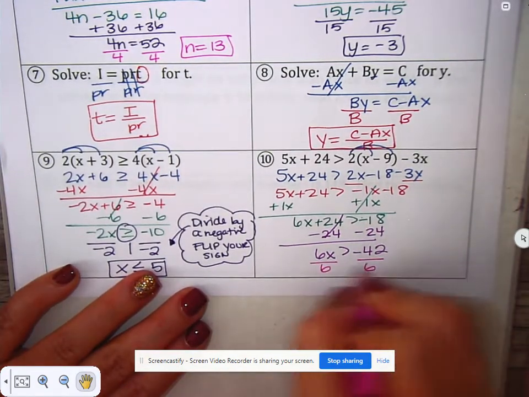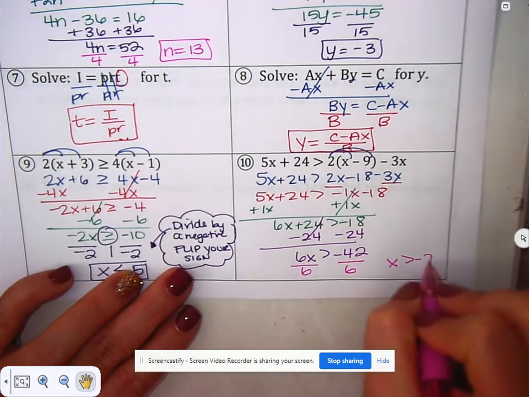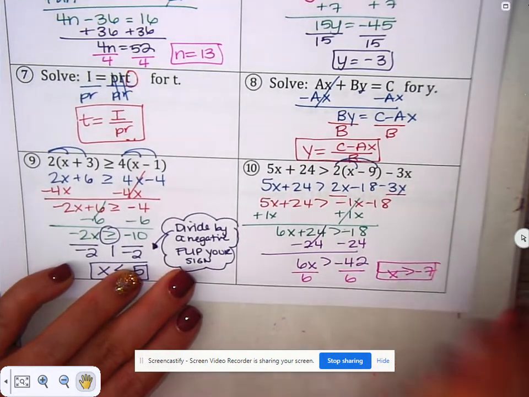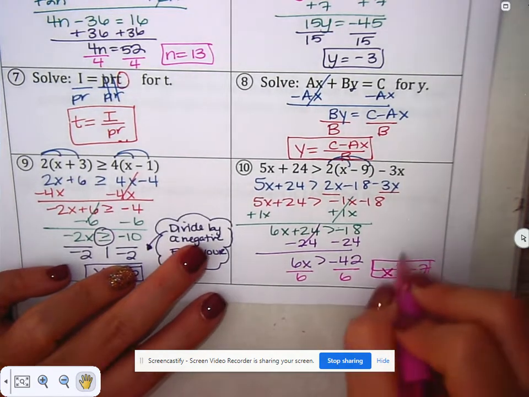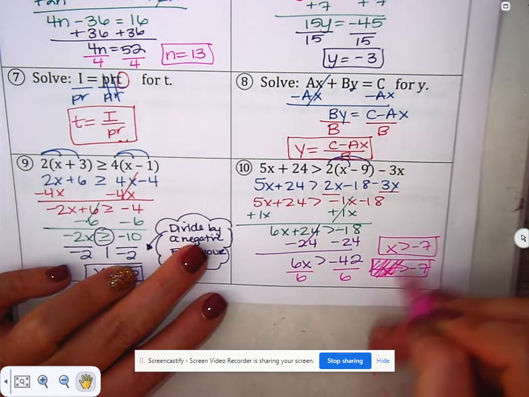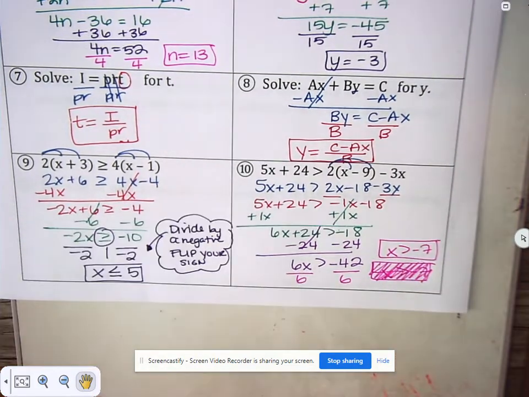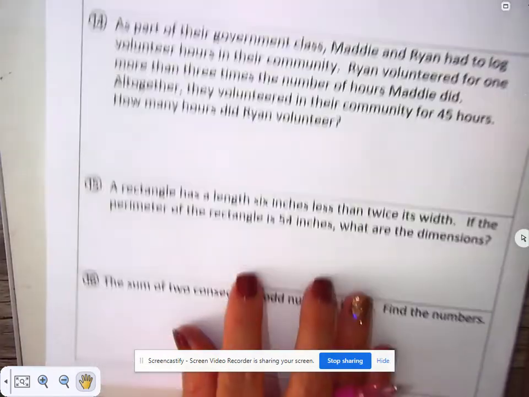All right, and then we're going to, okay, we did not divide, 6 is not negative, so we did not divide by a negative, so we do not flip our sign. Sorry, y'all. It's kind of ugly. Okay, did not need to flip our sign. Again, pause, rewind, whatever you need to do.